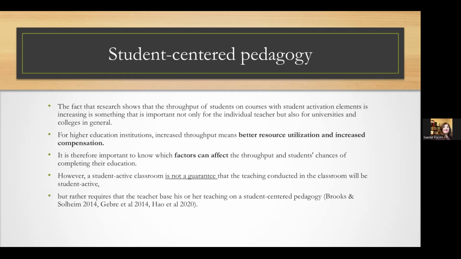It's therefore important to know which factors can affect the throughput and student chances of completing their education. A possible method for universities and colleges to increase throughput could therefore be to build more student active classrooms that encourage student active pedagogy.